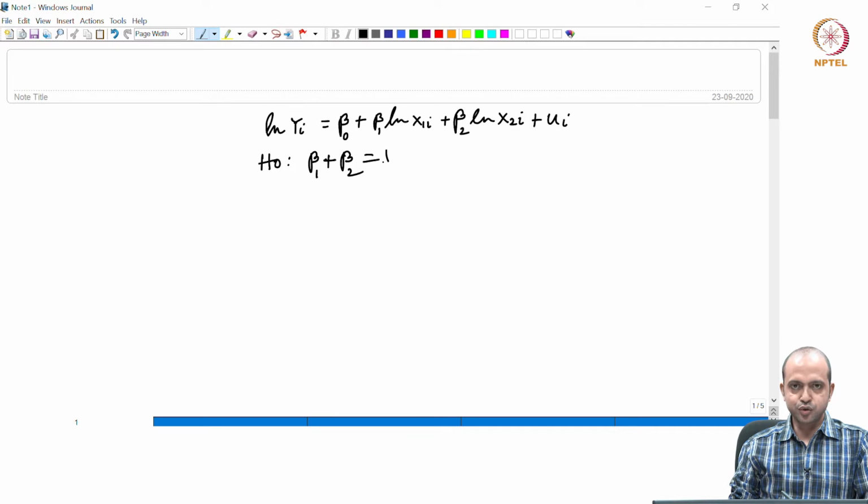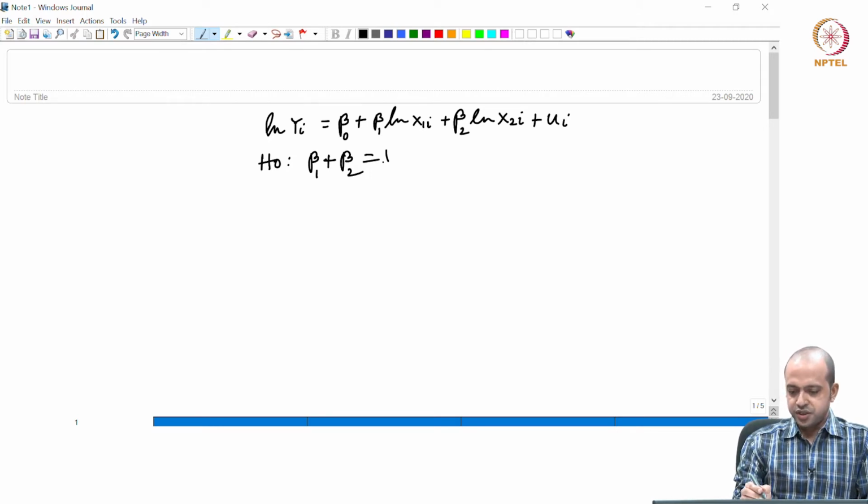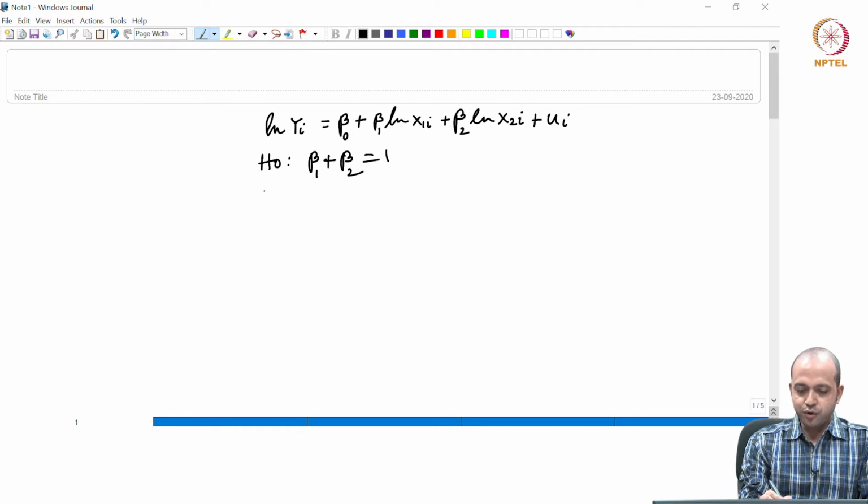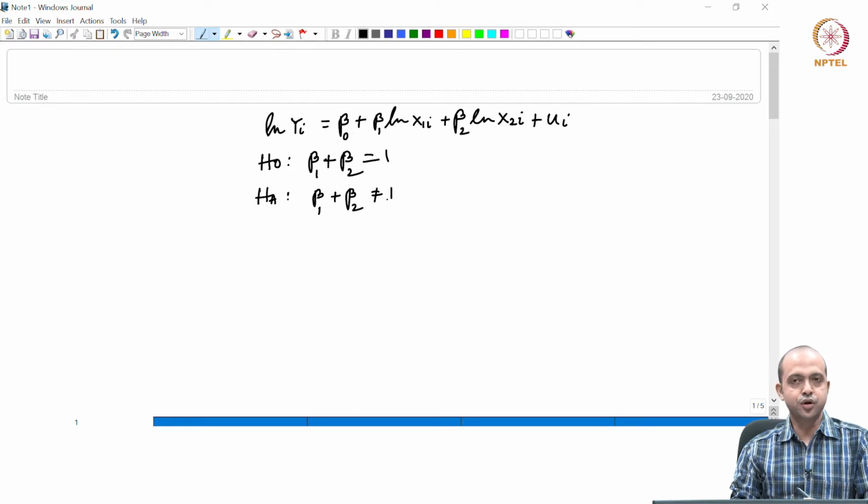Beta 1 plus beta 2 equals 1 indicates that this production function exhibits constant returns to scale. Okay. And our alternative hypothesis was beta 1 plus beta 2 not equal to 1. This is our alternative hypothesis.